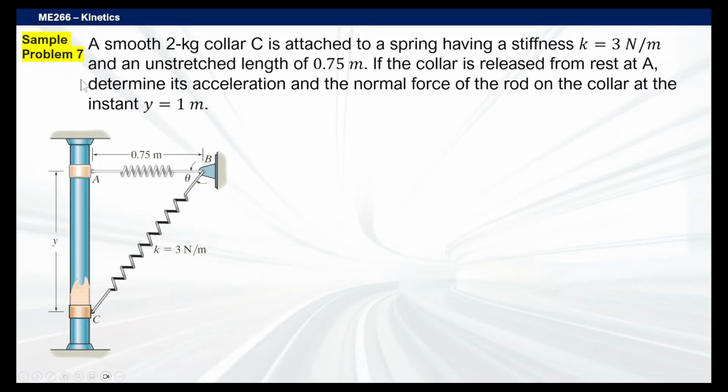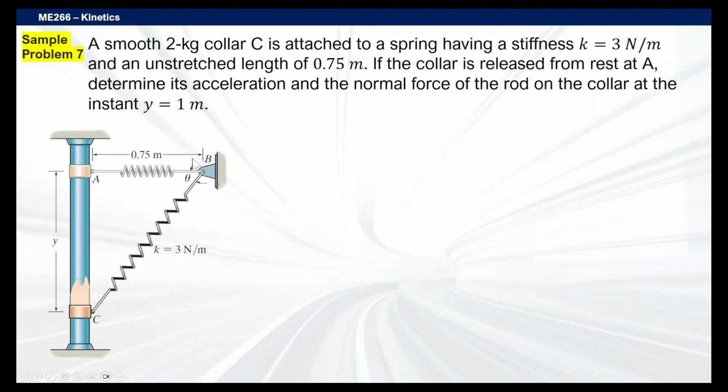Okay, so let me read the problem. Here we have a smooth 2 kilogram collar C, which is labeled C. This one is the same collar here. And a spring having a stiffness of 3 Newton per meter, and an unstretched length of 0.75 meters.